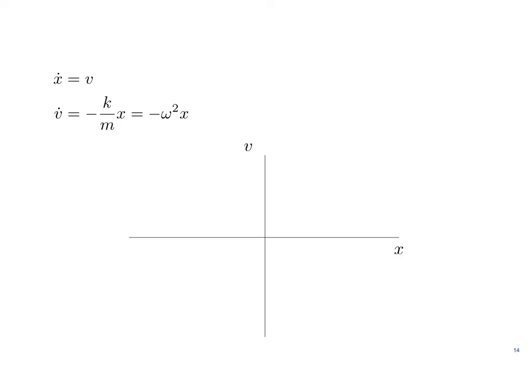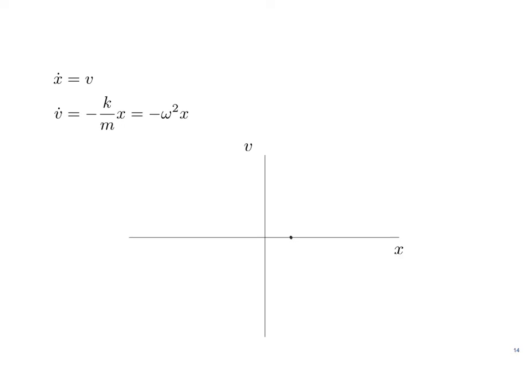So allow me to do this. We will start with a point in here. Now we have to know where this particle is going to move. So we need the rate of change of x and the rate of change of v.